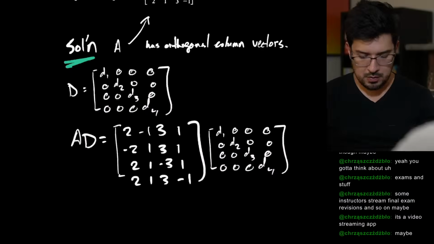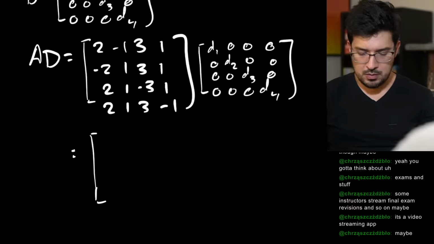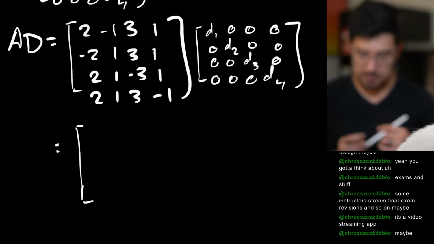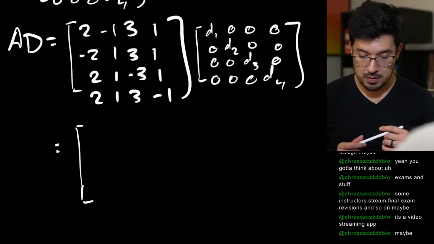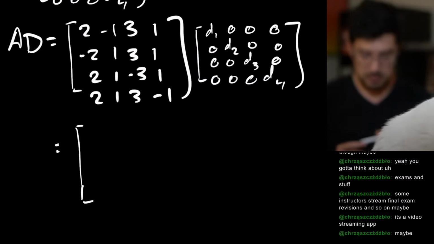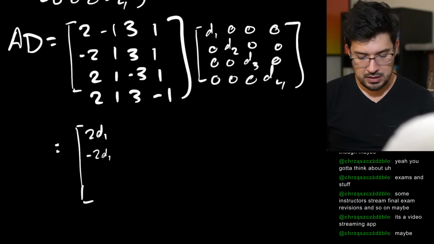So what does multiplying by a diagonal matrix on the right do? Does it scale the columns or the rows? I believe it scales the columns. Let's see what happens. Yeah, this would be like 2d1, negative 2d1. Yeah, it scales the columns.